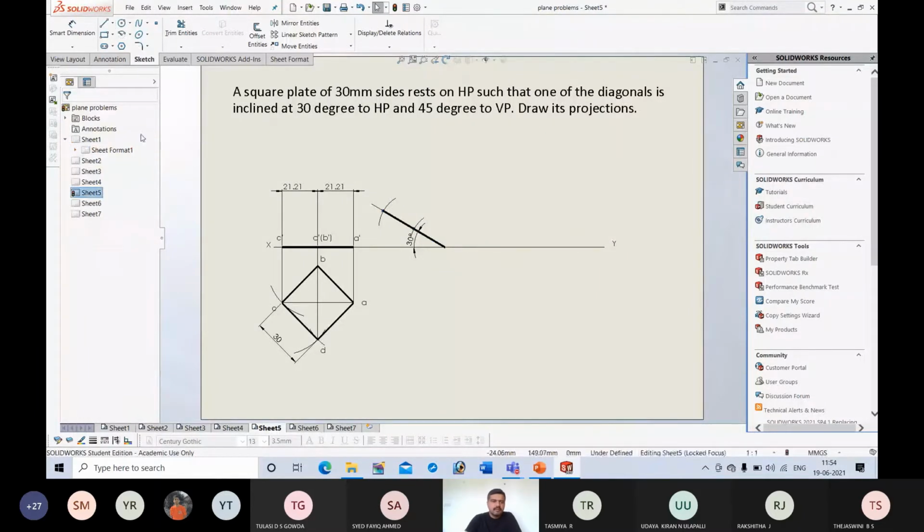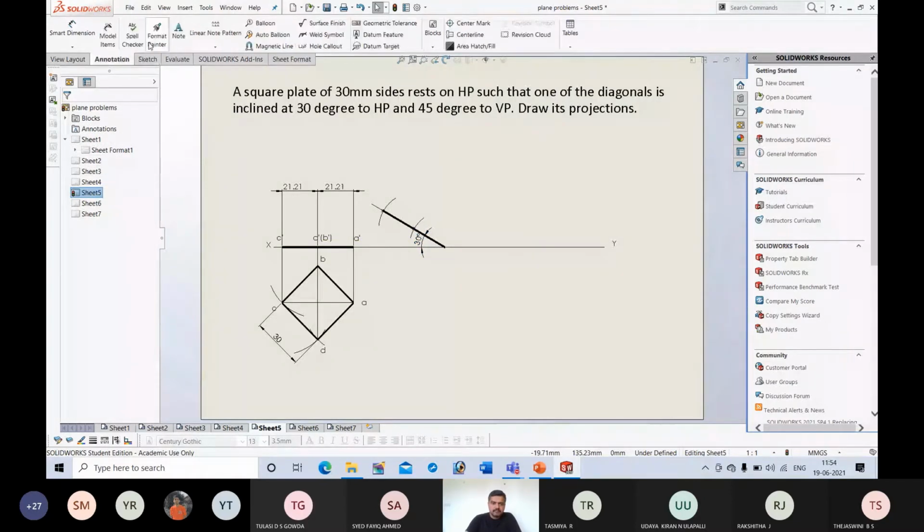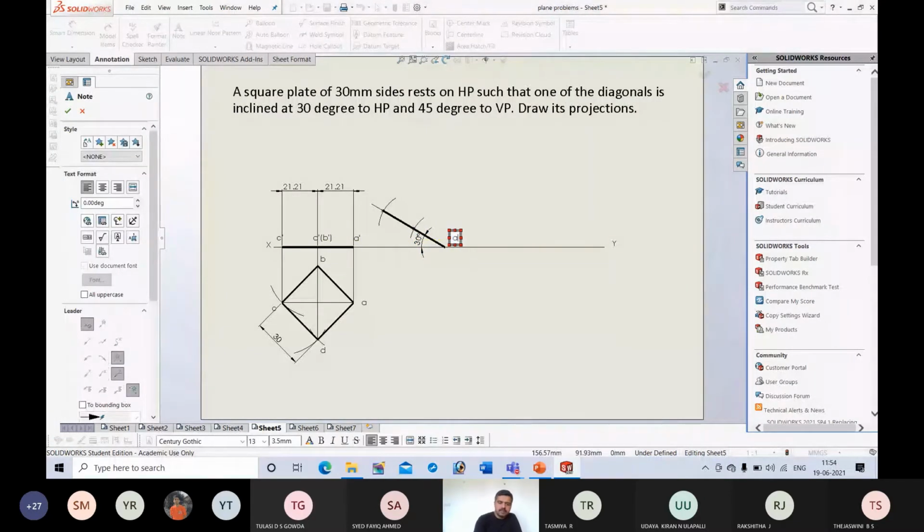Okay, this is the front view. Then I will name the points. So this is A dash, next C dash, B dash, sorry, not C, that is A, B and D. Okay, I will correct that.